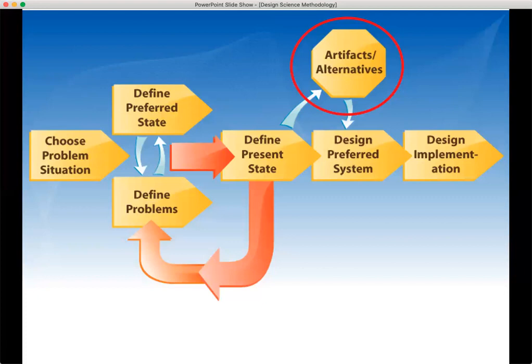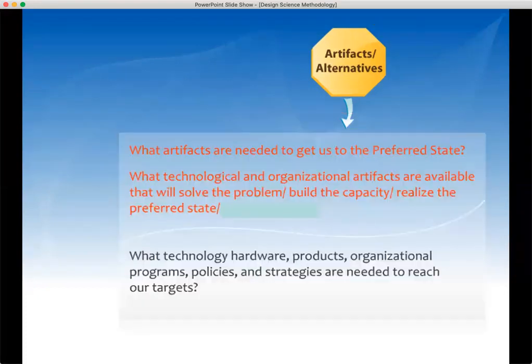Okay, so moving along here, the artifacts that are needed. What are the artifacts needed to get us to the preferred state? What technological and organizational artifacts are available that will solve the problem, build the capacity of the system to meet its needs, to realize the preferred state? The artifact alternatives come in at least two varieties, hardware and software.